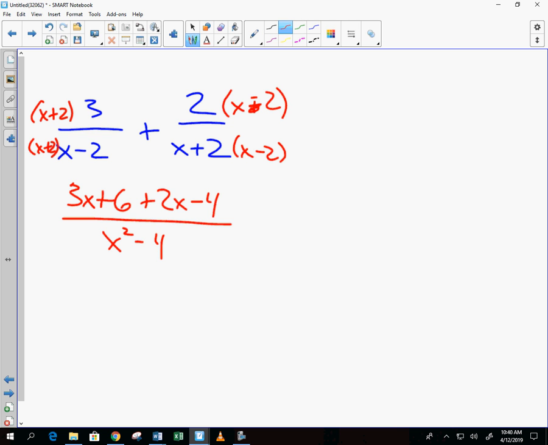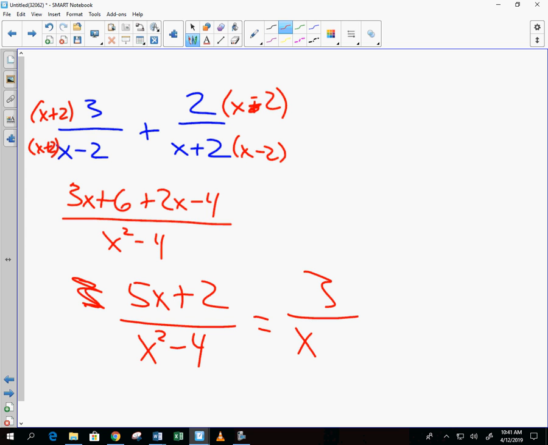Agreed? So 5x plus 2 over x squared minus 4 was the same as 3 over x minus 2 plus 2 over x plus 2. So that thing came from those two. Everybody agreed?